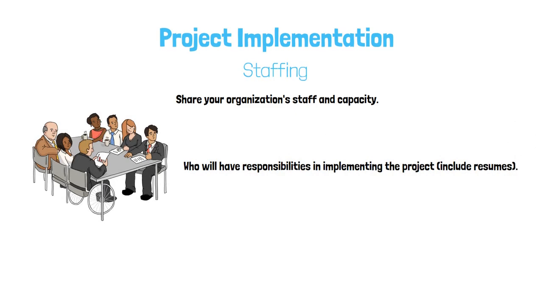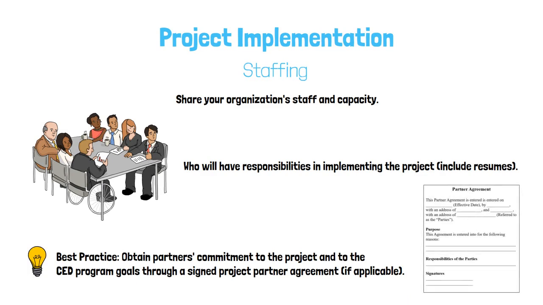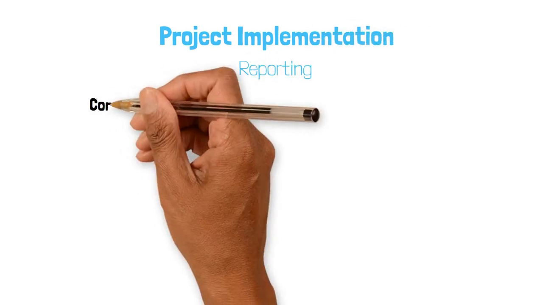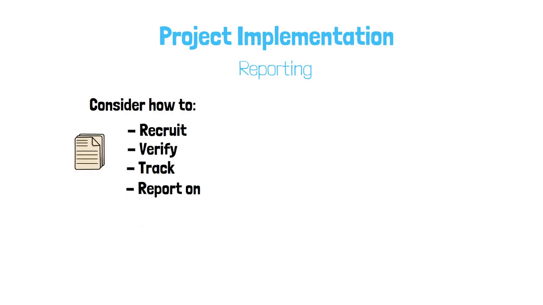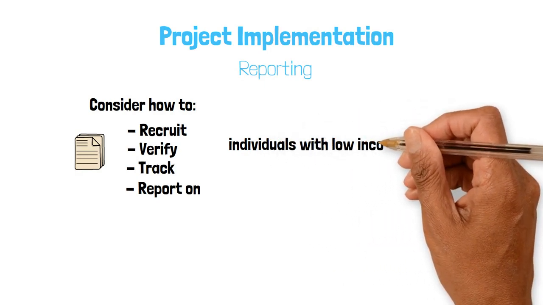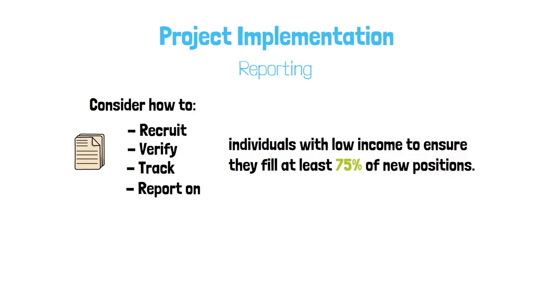If your organization will be implementing the project with a partner, it's a best practice to obtain partners' commitment to the project and commitment to the CED program goals through a signed project partner agreement submitted with the application. You should also consider how you will recruit, verify, track, and report on job creation and employment of individuals with low income to ensure that a minimum of 75% of the new positions are filled by individuals with low income.